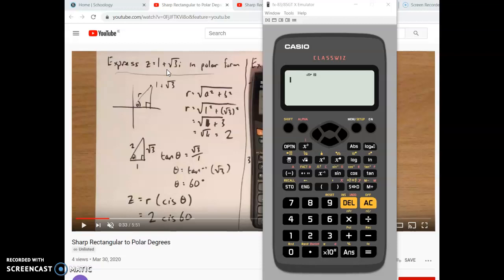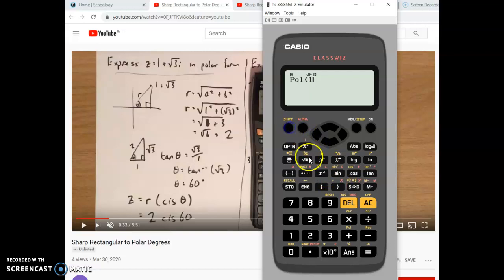You're not going to enter the i, just the real part and the imaginary part. It is this yellow POL for polar that you're looking for. So if you do shift plus, this should come up, and then it's 1, and then you enter the imaginary part, the root 3, after a comma.